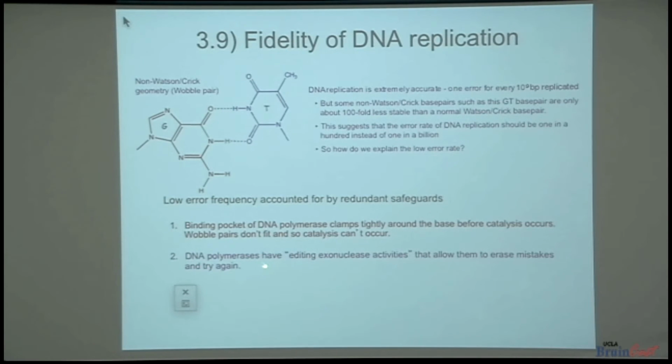DNA polymerases also have ways of recognizing when they've made a mistake and then trying again. DNA polymerases have editing exonuclease activity that allows them to erase their mistakes and try again. And finally, cells contain mismatch repair systems that come along after DNA polymerase is done to clean up any remaining errors.